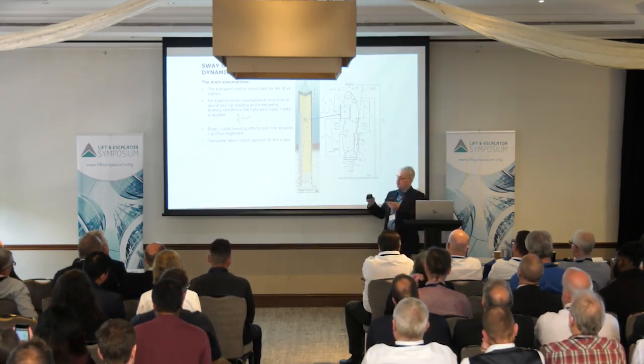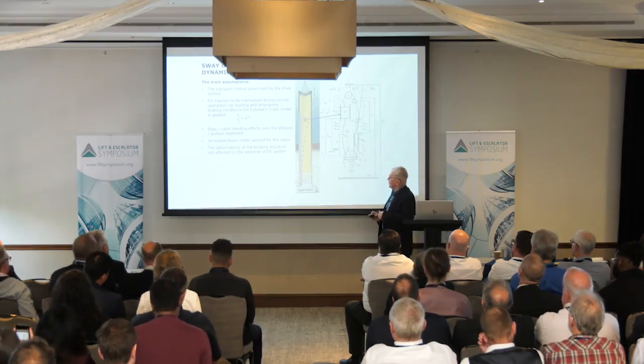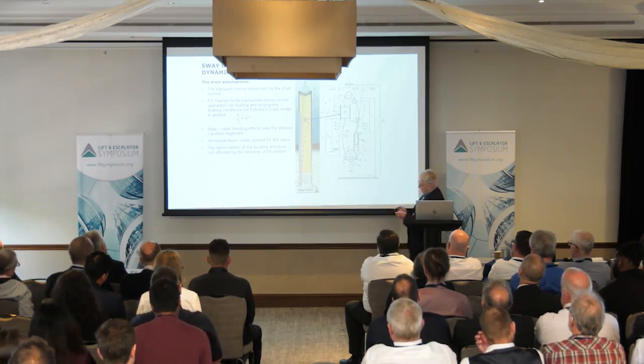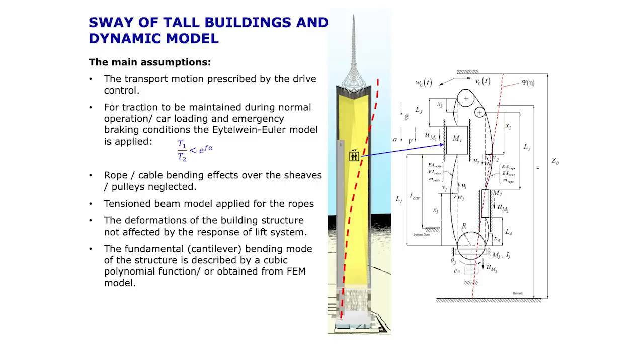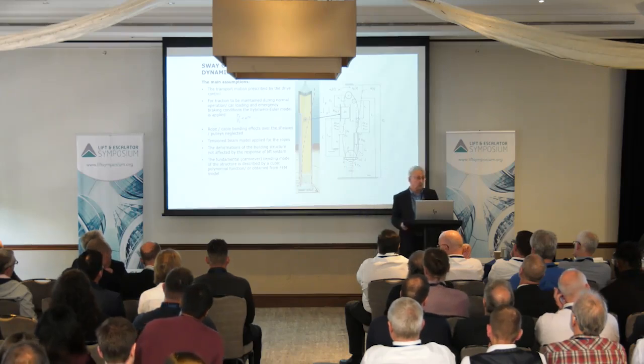However, for the dynamic analysis, it is a valid assumption. Then we look at the deformation of the building structure, shown by this red line here. We take into account the fundamental mode of the building, which for high-rise buildings is typically within the range of 0.1 hertz to about 0.5 hertz.